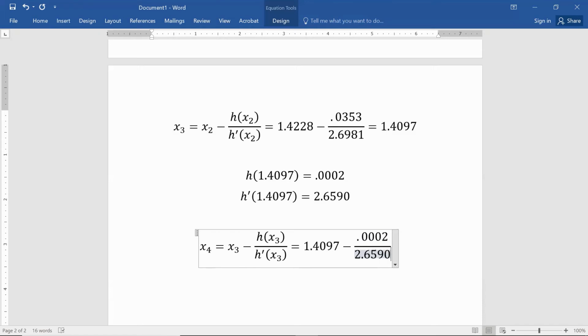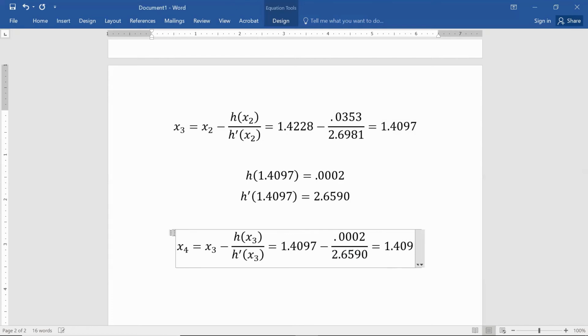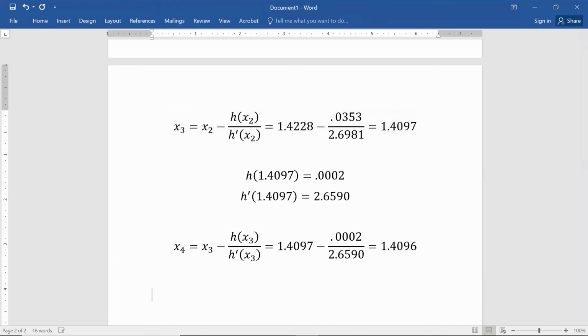I ended up rounding, getting 1.4096. And so you can kind of see that rounded to 3 decimal places, the answer is x equals 1.410, because that 9 rounds up to a 10.